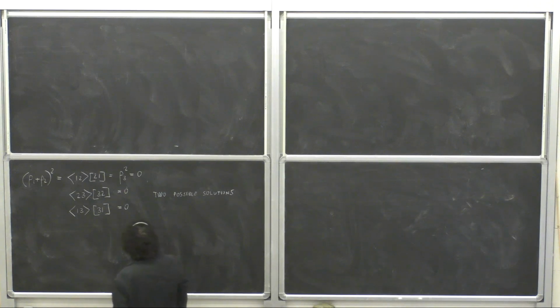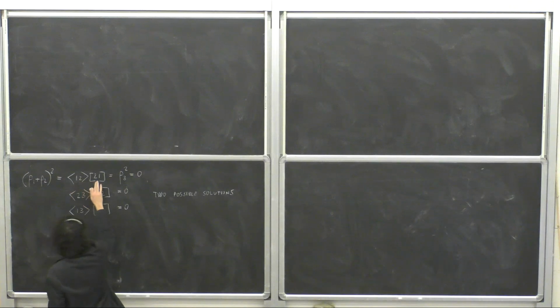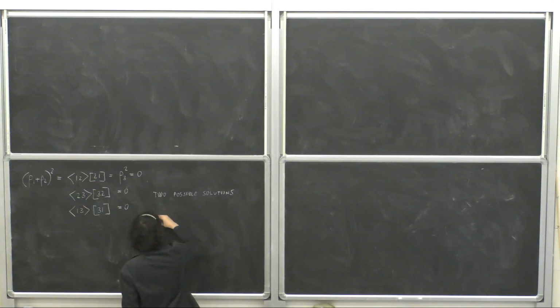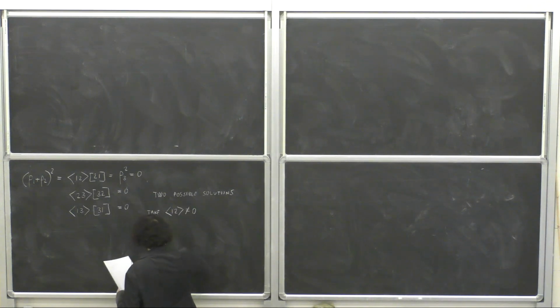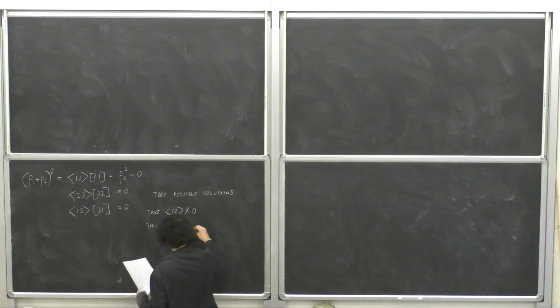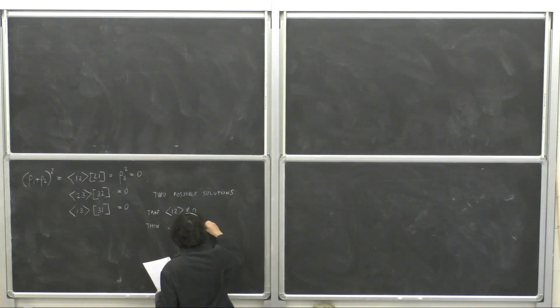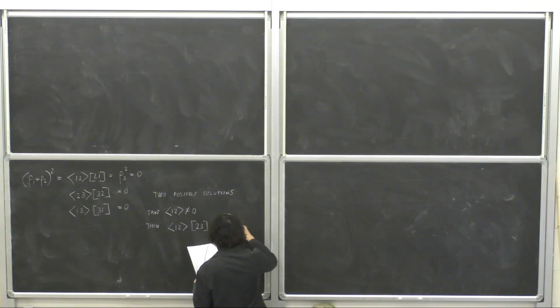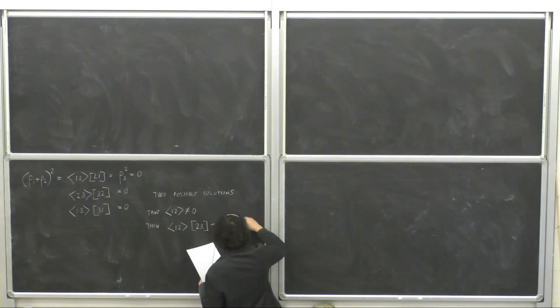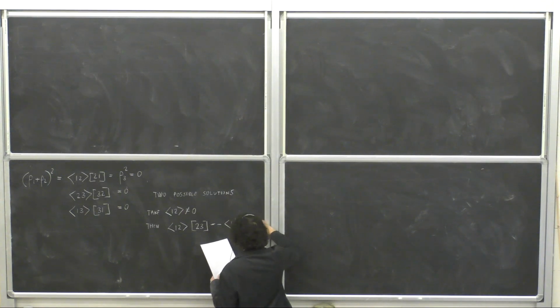One of these solutions is that, say, start from the first one. Well, either you know that either the angle bracket or the square bracket needs to be equal to 0. So let's take 1, 2 to be different from 0. Okay, then you write that 1, 2, then multiply by 2, 3. Well, this is equal to, if you like, using momentum conservation again at 3 points, 1, and then there is P1 plus P3.